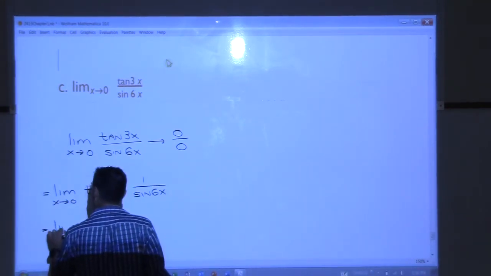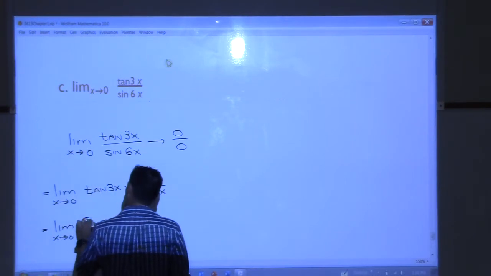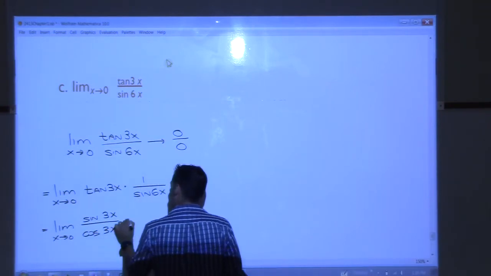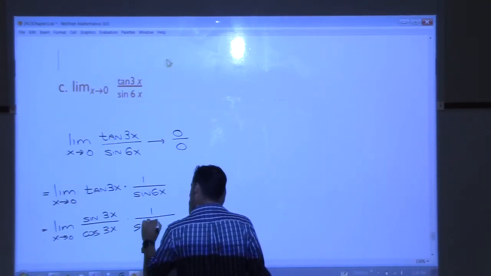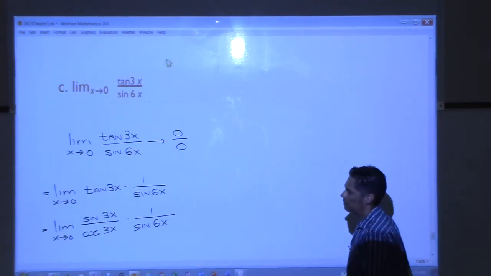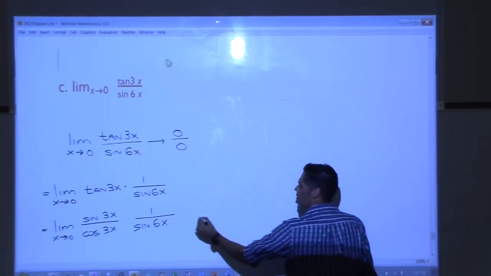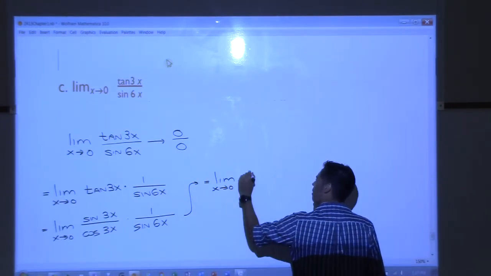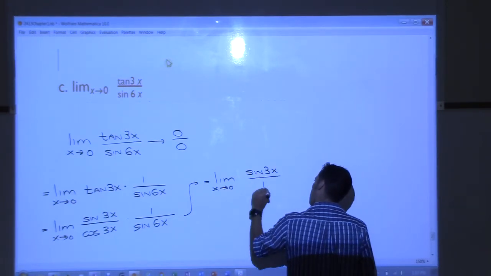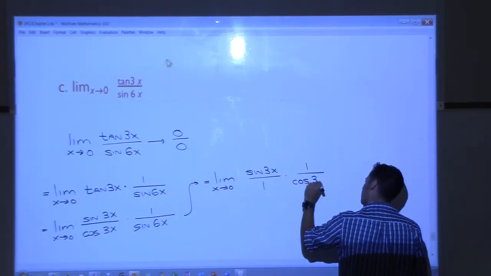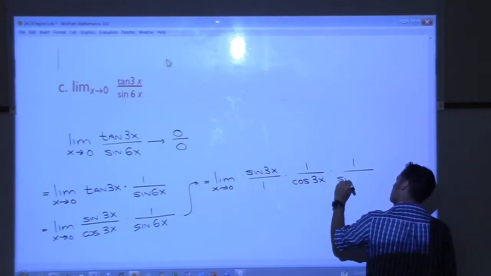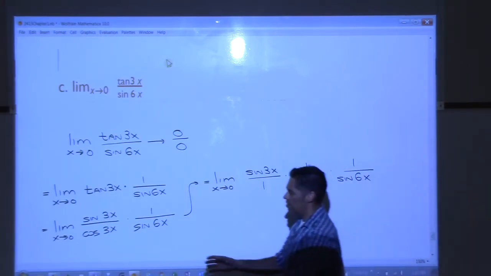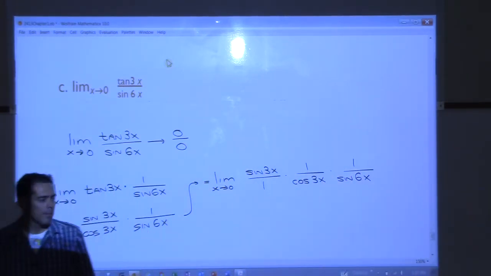So this is the limit as x goes to 0 of sine 3x over cosine 3x times 1 over sine 6x. And I think I'm going to go one more step. Watch this. Limit as x goes to 0 of sine 3x over 1 times 1 over cosine 3x times 1 over sine 6x. So all I did there was pull these two apart into two fractions, right?